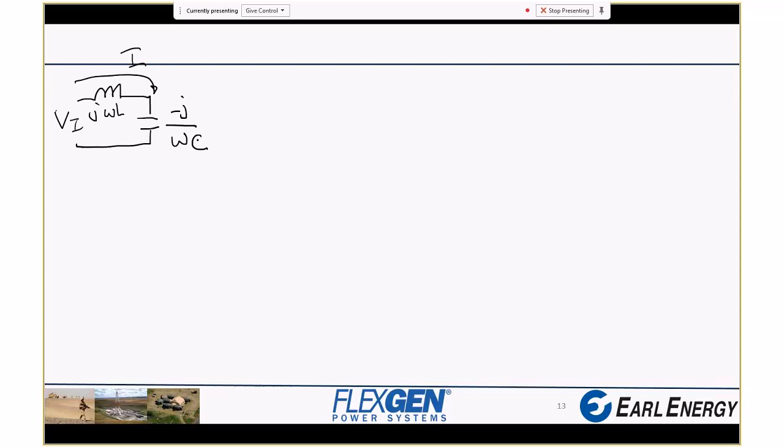These reactances add when they're put in series, so that's what gave us the j omega L minus j over omega C. So that is the effective resistance, or the equivalent resistance, of this circuit at a frequency. The letter Z here stands for impedance. Don't worry about that too much. It's just going to be like an R, like resistance, as we do this equation. So that's the effective resistance of this circuit.